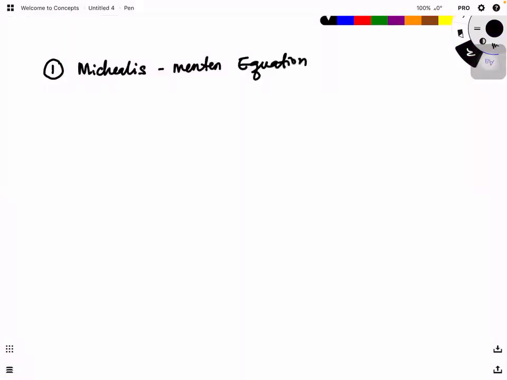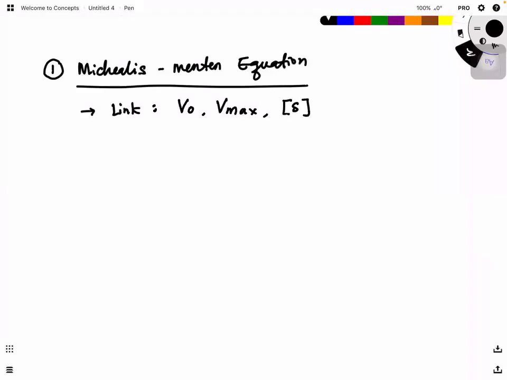It links or relates V naught, Vmax, substrate concentration, and Km together. Do you need to memorize it? The answer is no need. V naught equals Vmax times substrate concentration divided by Km plus substrate concentration.